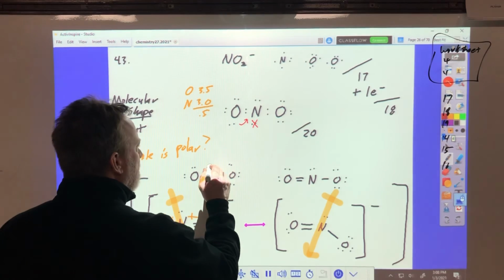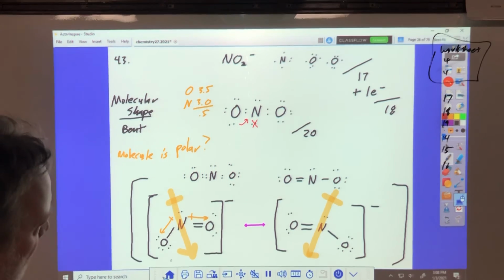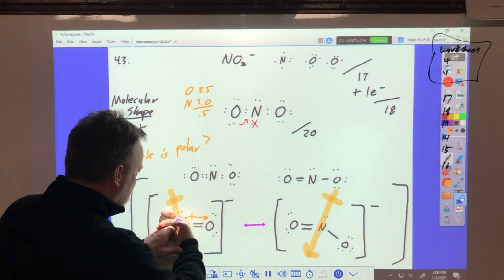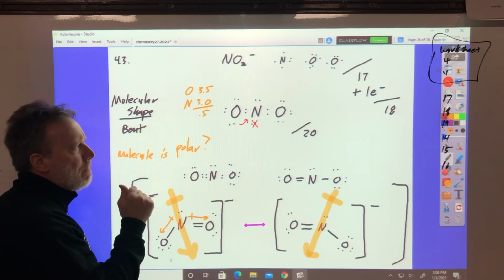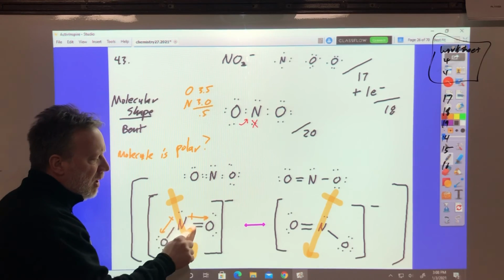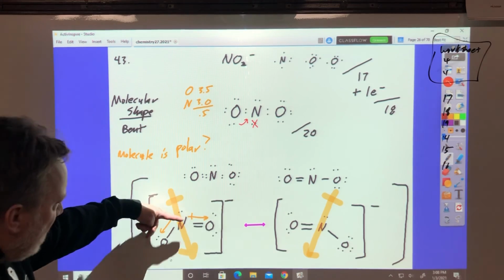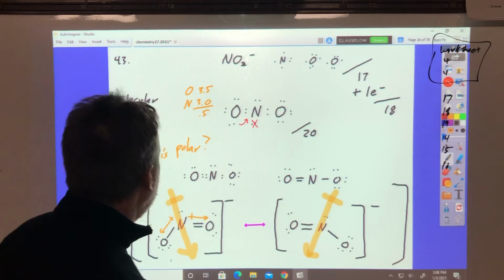That electron pair, because of valence shell electron pair repulsion theory, is going to push those away, and it's going to push those away, and there's nothing here to keep these from being pushed together some. So the angles are about 120, about 120, and about 120. That's bent. So's this one, for the same reason.